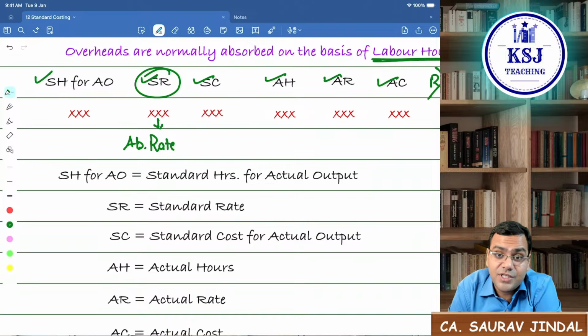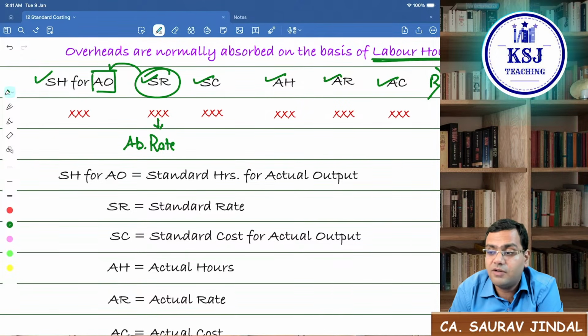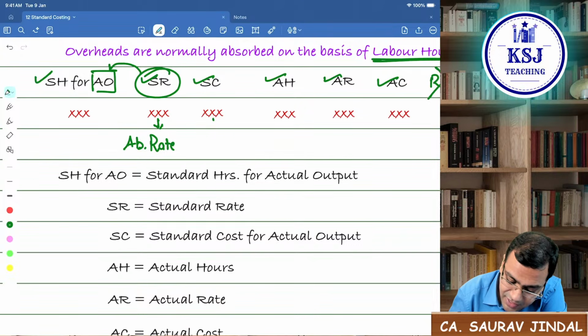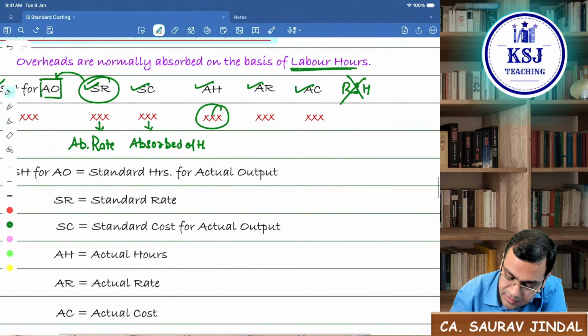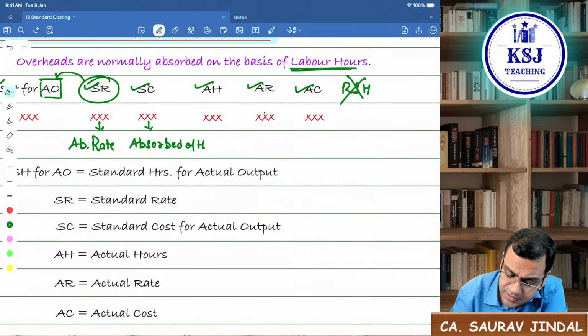And when you apply this absorption rate to the actuals, because the standard hours are calculated for the actual output, this standard cost is what you call absorbed overheads. And this is your actual rate, actual hours, and this is your actual cost, actual overheads.